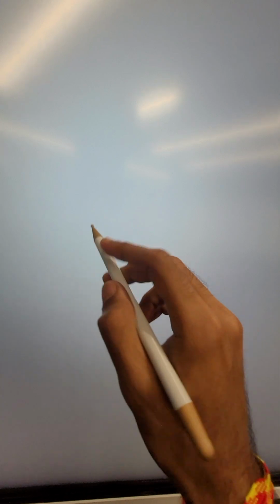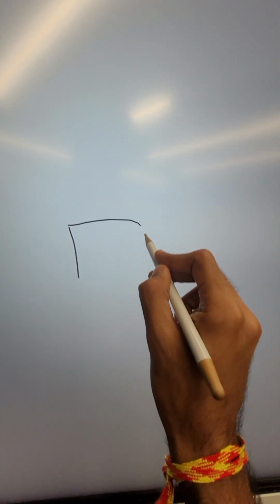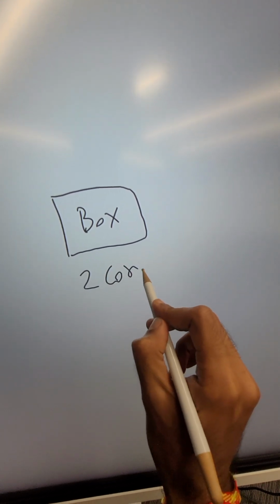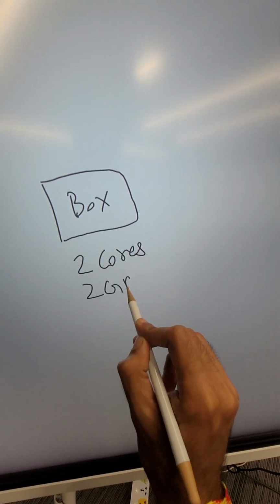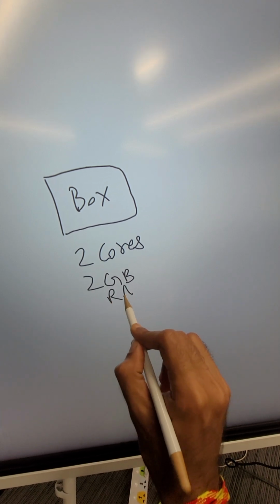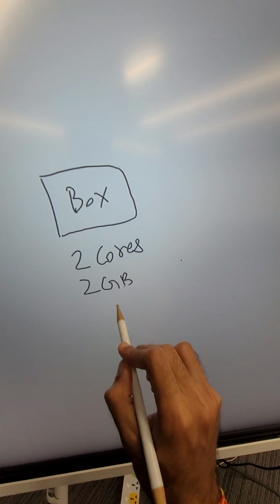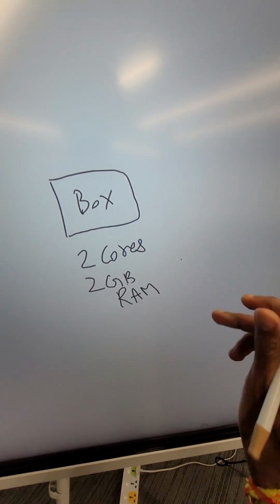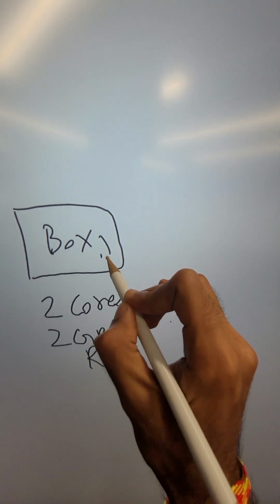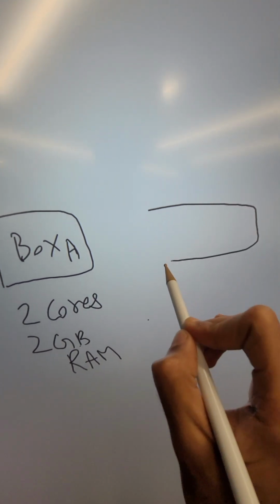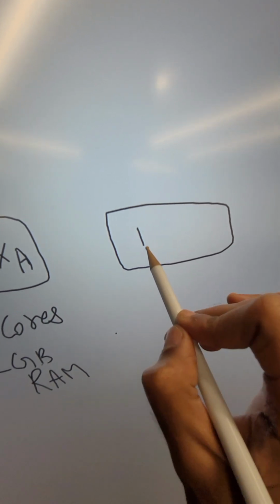In horizontal scaling, what you do is, let's say this is your box and it has 2 cores and 2 GB RAM. Let me write it out as RAM so that it's clear it's not some disk storage or whatever. Let's say this is box A. Now what I can do is add one more box of the same size or bigger size also.